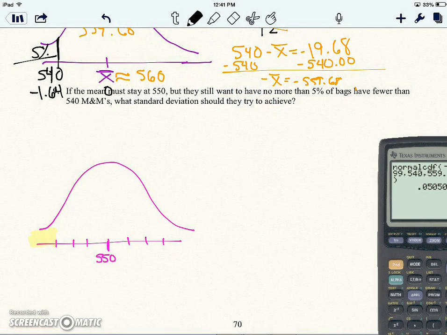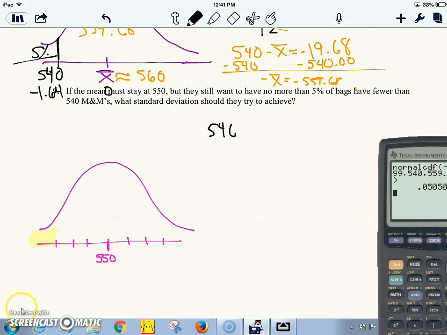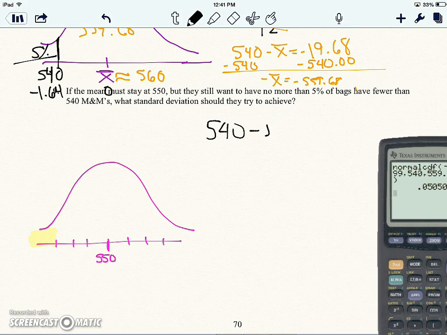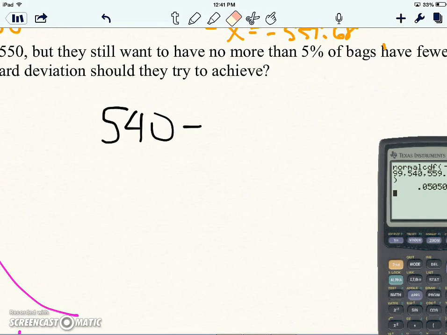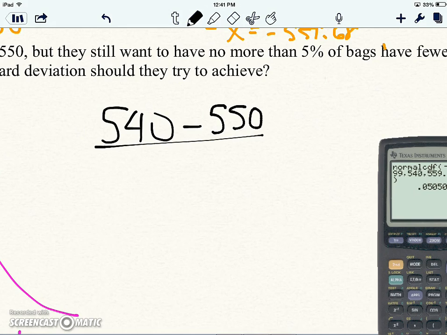So we say, well, we're looking at 540 minus the mean of 550 all over some standard deviation. We can do sigma or s there that we don't know. And that's got to equal negative 1.64.